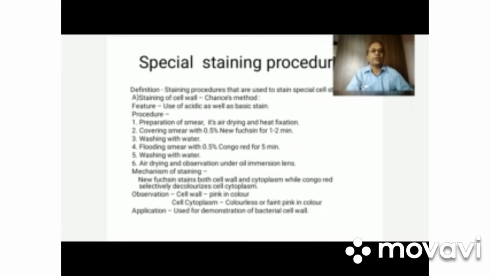Now we will see why the wall is dark and the cytoplasm is faint pink or colorless. The mechanism of staining states that new fuchsin, a basic stain applied initially, stains both the cell wall as well as the cytoplasm.